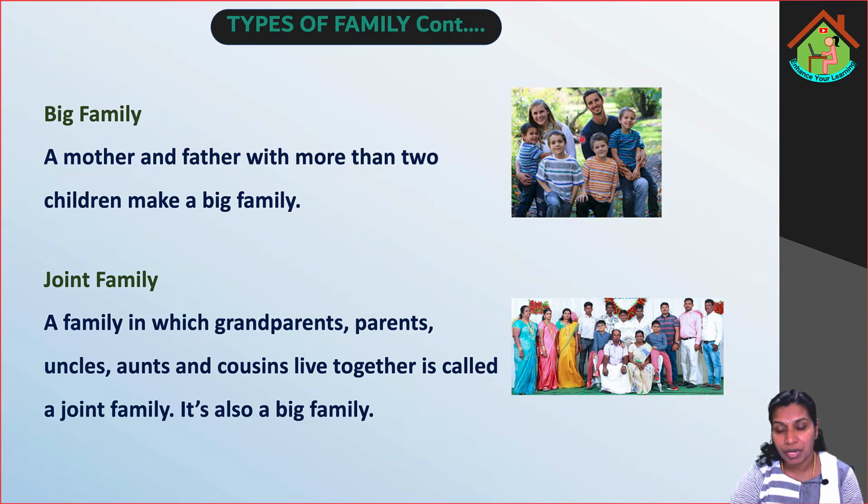The parents may also have 5 or 10 kids, so that family will be a very big family. They can be nuclear family also if they are living with their kids alone, not with the grandparents or aunts, and they are also called nuclear family.